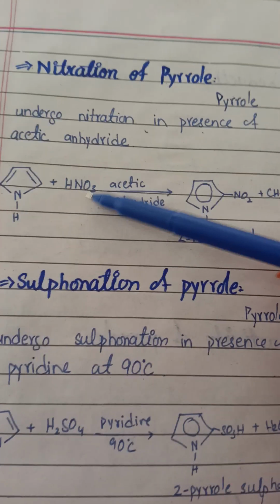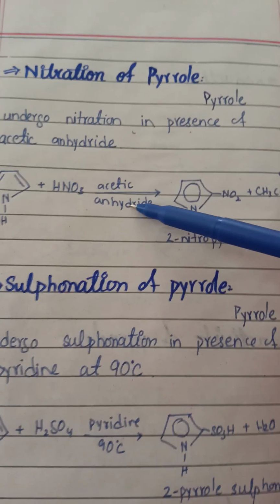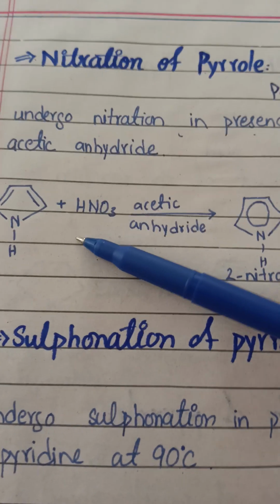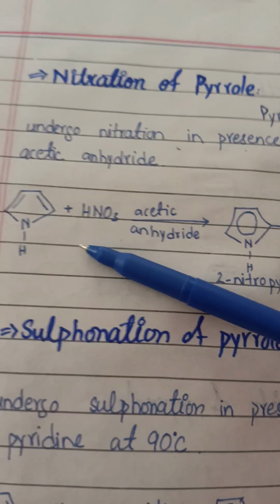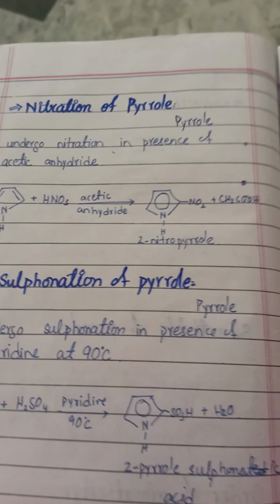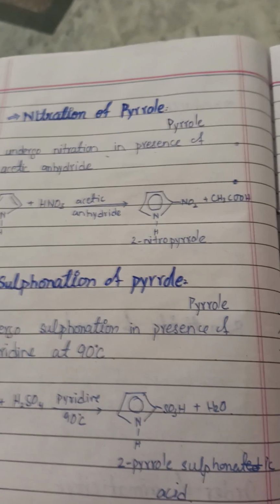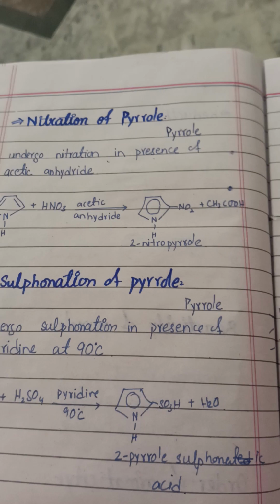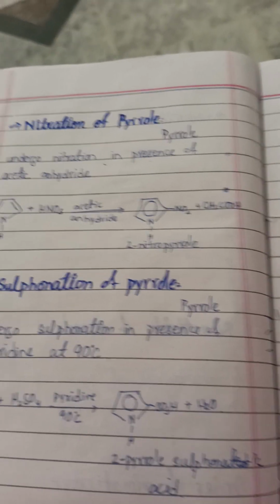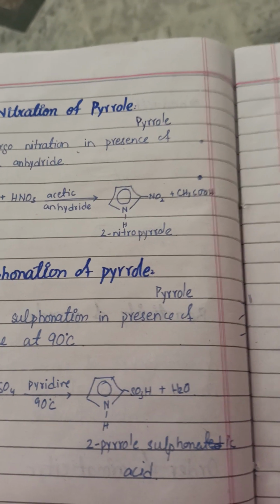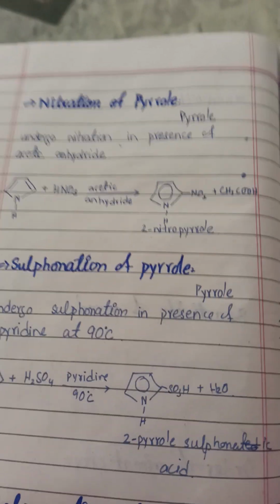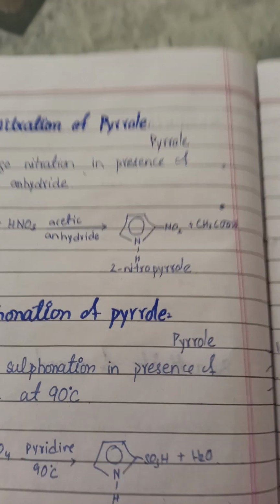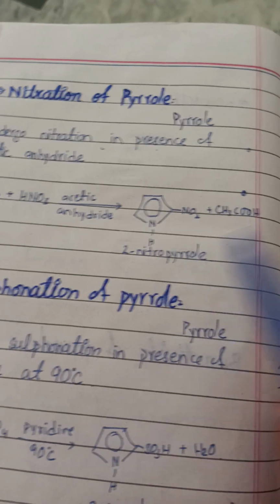First of all, nitration occurs in the presence of acetic anhydride, and the attack occurs at which position? Which do you suggest? At the two position, because I told you that at the two position three resonance structures are formed, so it is more stable. Therefore when pyrrole undergoes halogenation, sulfonation or nitration, it always attacks at the two position. So 2-nitropyrrole is formed.